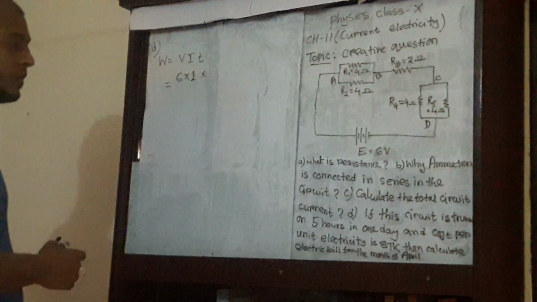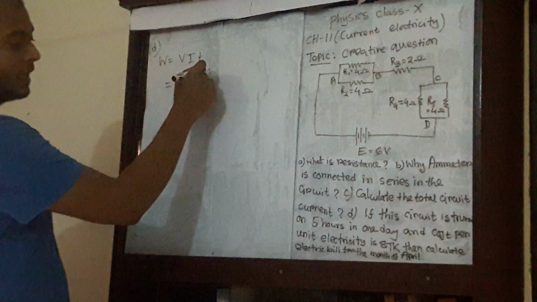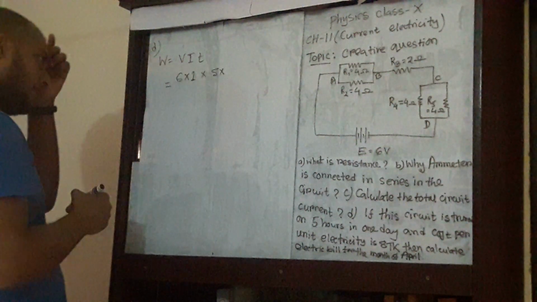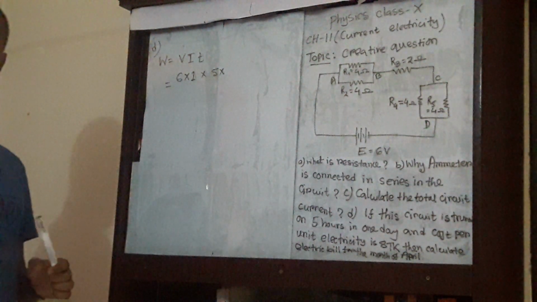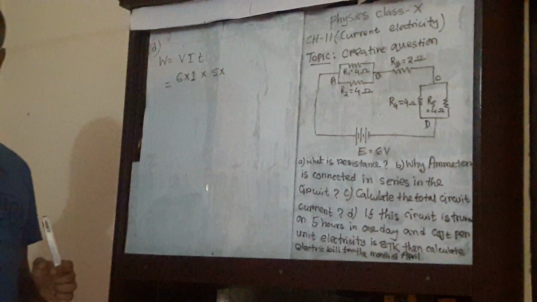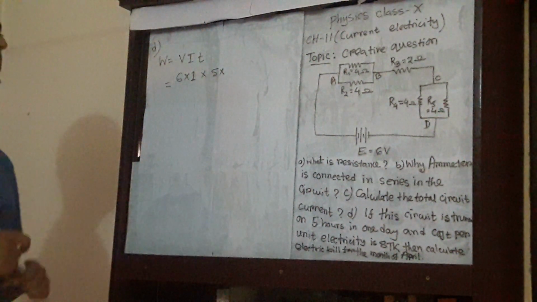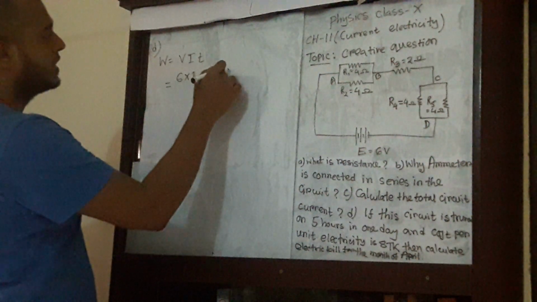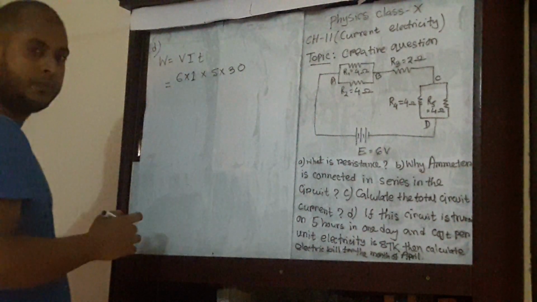So this is 5 hours per day, and April is 30 days, so 30 in terms of hours.